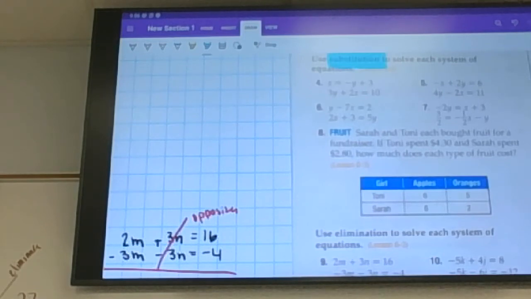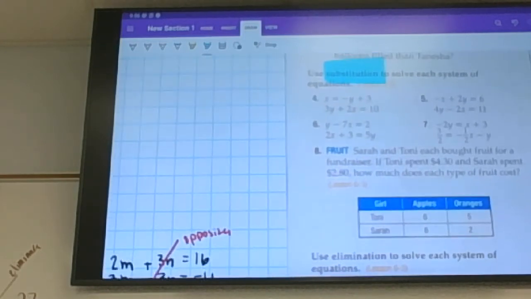A substitute is a replacement. So the top tells me that x is negative y plus 3. Since it's telling me what x is, in the bottom equation I can take the x out and put negative y plus 3 in.